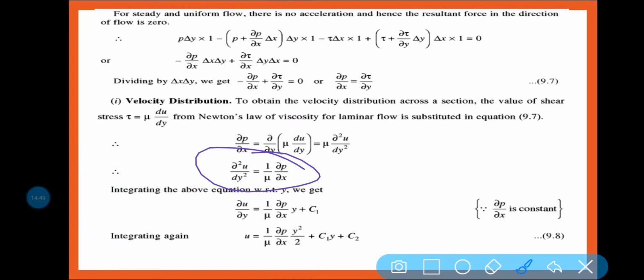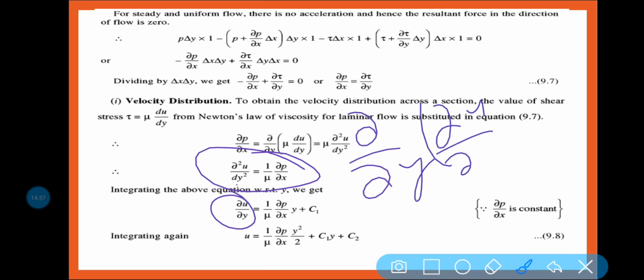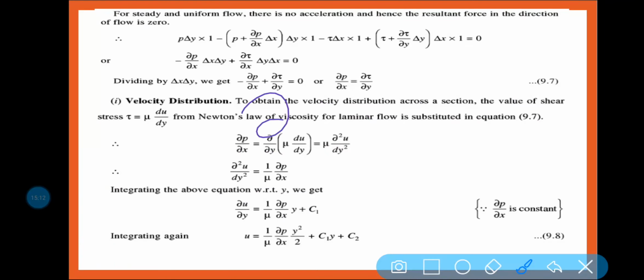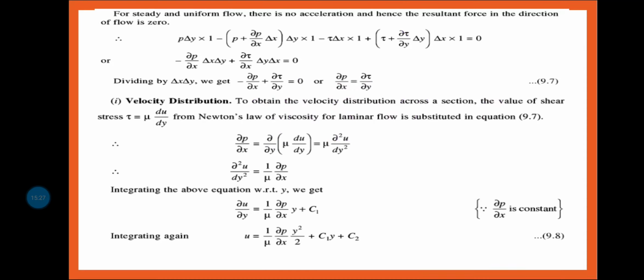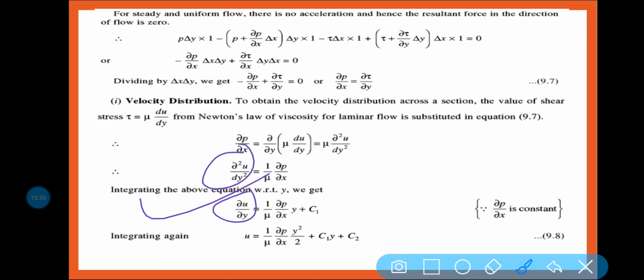If I integrate this one, we will get del u by del y, equal to 1 by mu del p by del x into y, because this del y will be coming here.